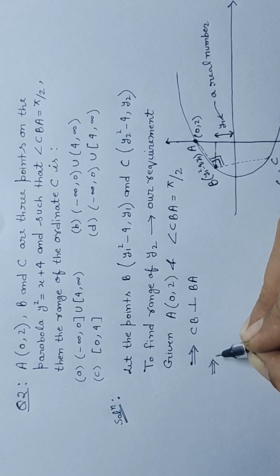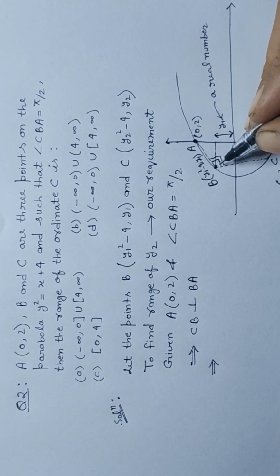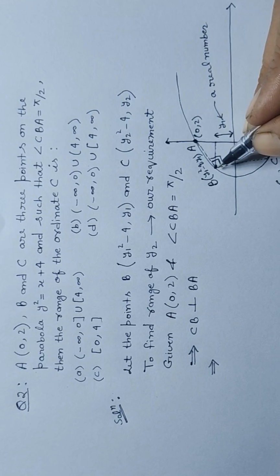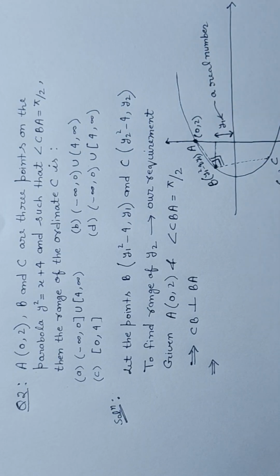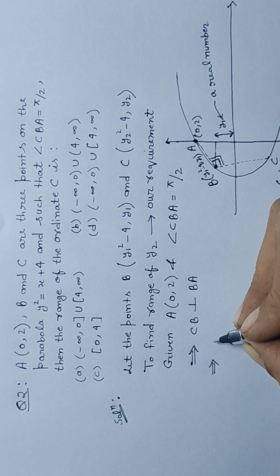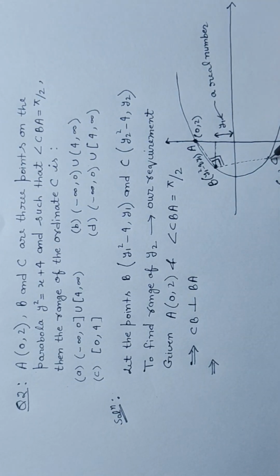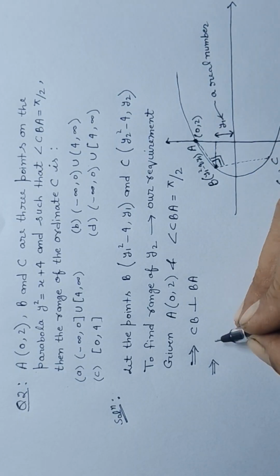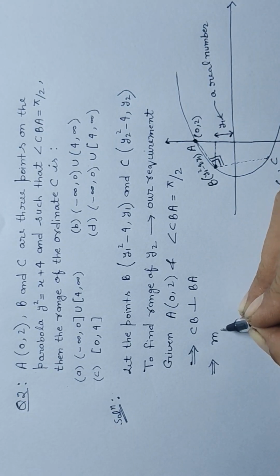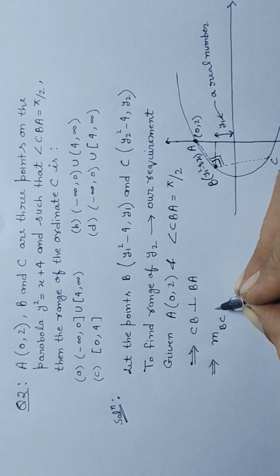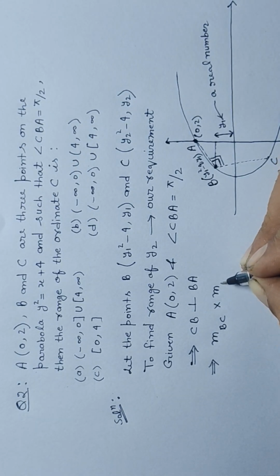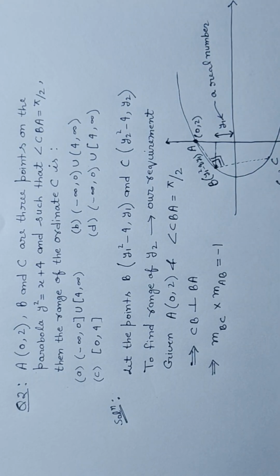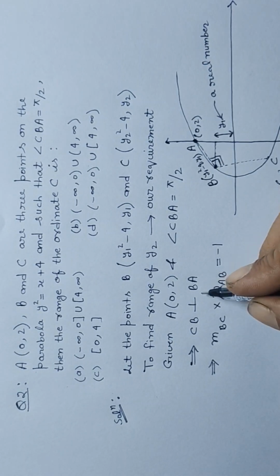Therefore, for the slopes of the line segments BC and AB, the product is equal to -1. So slope of BC multiplied by slope of AB equal to -1, because these two lines are perpendicular.